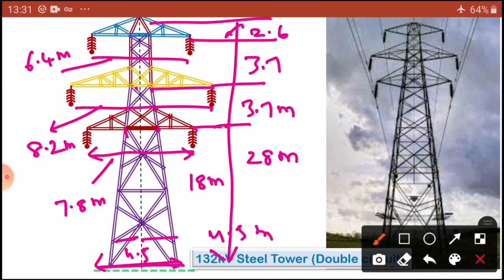The total length is 8.2. After 3.7 you take another cross arm, that is 6.4 total length, that is 3.2 on each side. Draw as usual. So this is the drawing you are going to draw. Okay, clear? It's very easy, dear students.